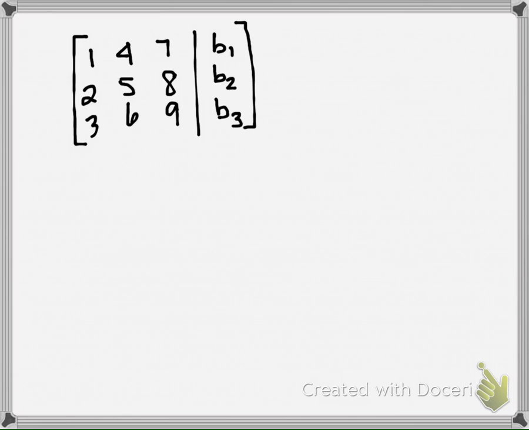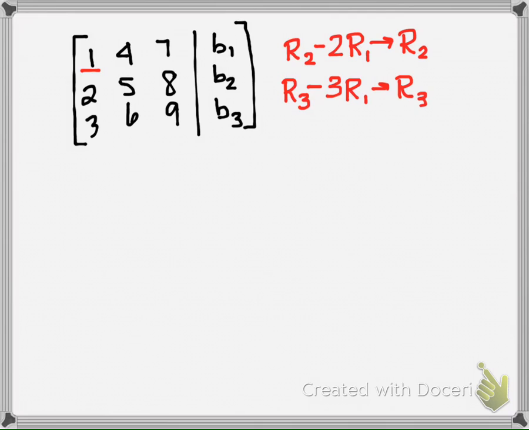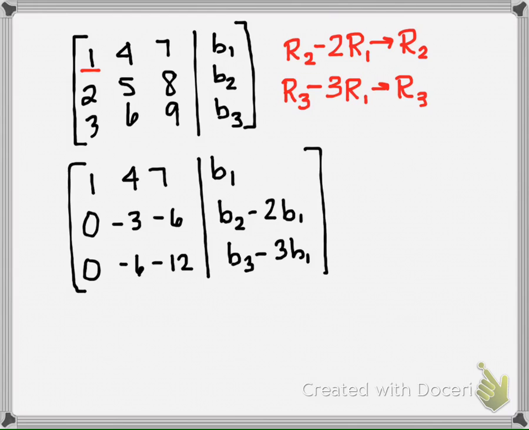So when I'm doing this, I've already got a leading one, and I want to get zeros underneath. So I'm going to replace row 2 with row 2 minus 2 row 1, and I'm going to replace row 3 with row 3 minus 3 row 1. And then I'm going to get this matrix here. Notice that we also had to manipulate the B's in that last column.